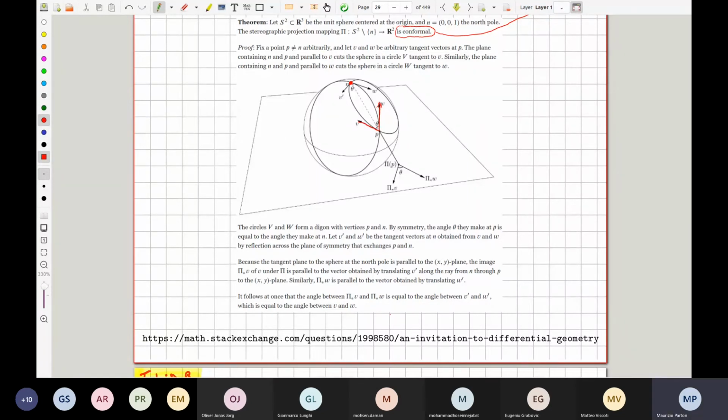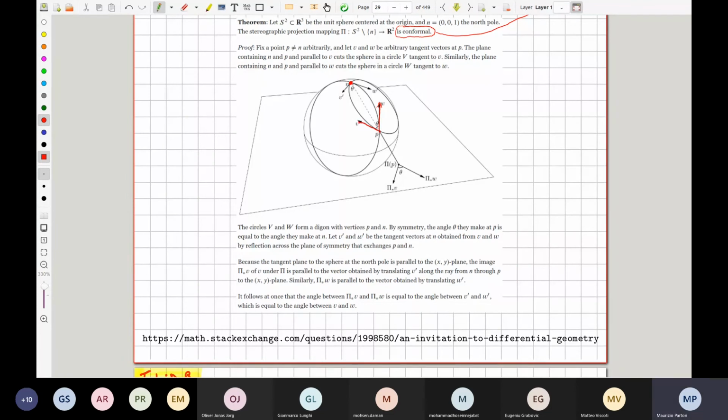The angle given by these two vectors can be thought of as the angle you obtain in this way. We have to use some imagination here. Just take the plane that is cutting the sphere in this way.